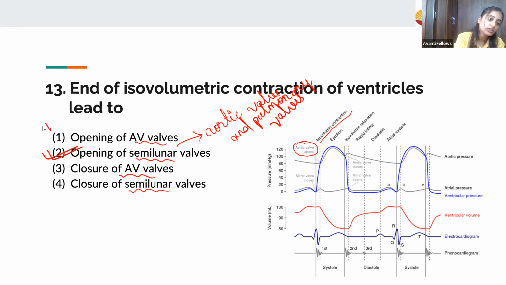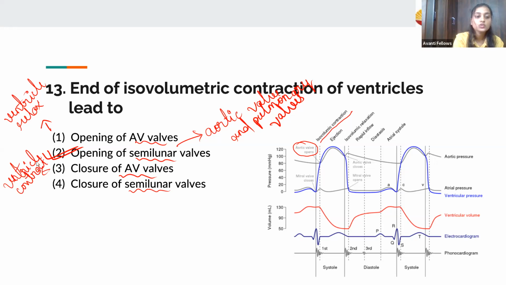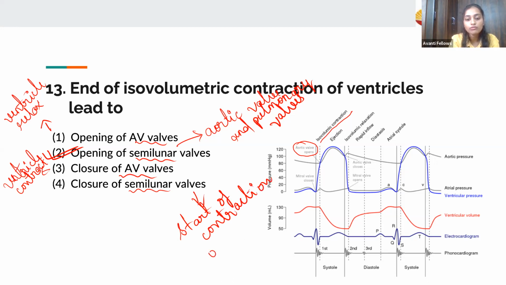So when do the AV valves open then? They open when the ventricles relax, and they close when the ventricles contract. The closure of the semilunar valves happens at the immediate start of isovolumetric contraction of ventricles.